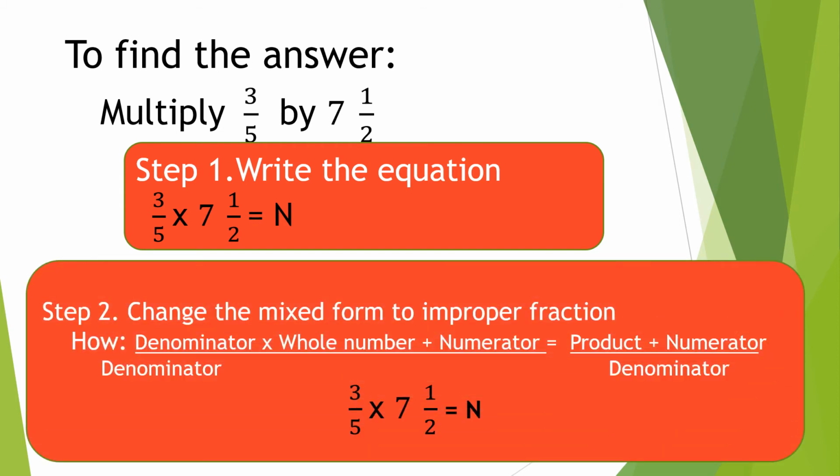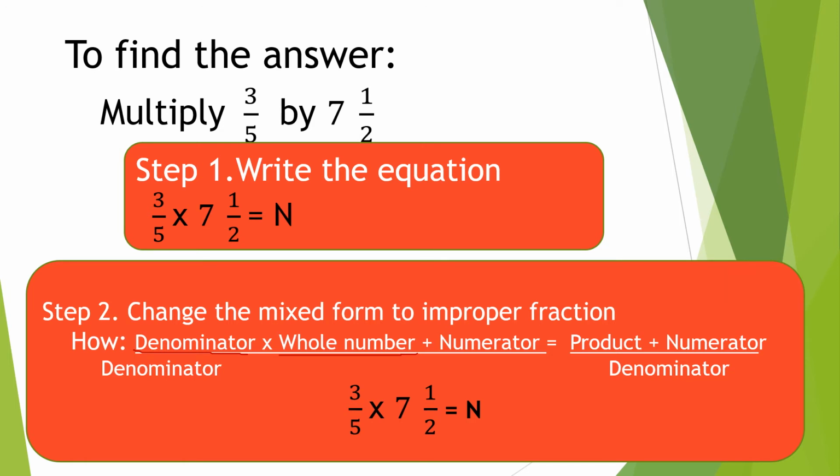So step 2, change the mixed form to an improper fraction. How? Denominator times whole number plus numerator, over the denominator, equals the product of the denominator and the whole number plus the numerator, over the denominator.